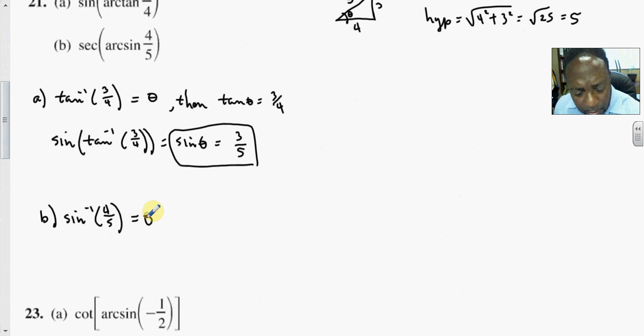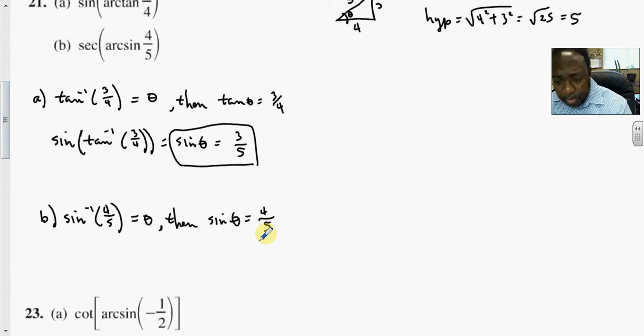Let's say this is equal to some angle theta. Then what that gives us is sine theta is equal to 4 over 5. What we look at here is another right triangle with the angle theta.